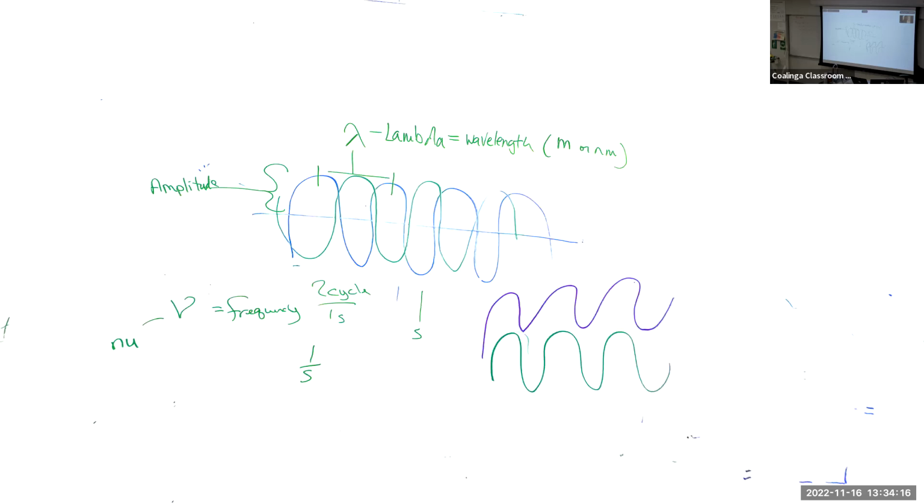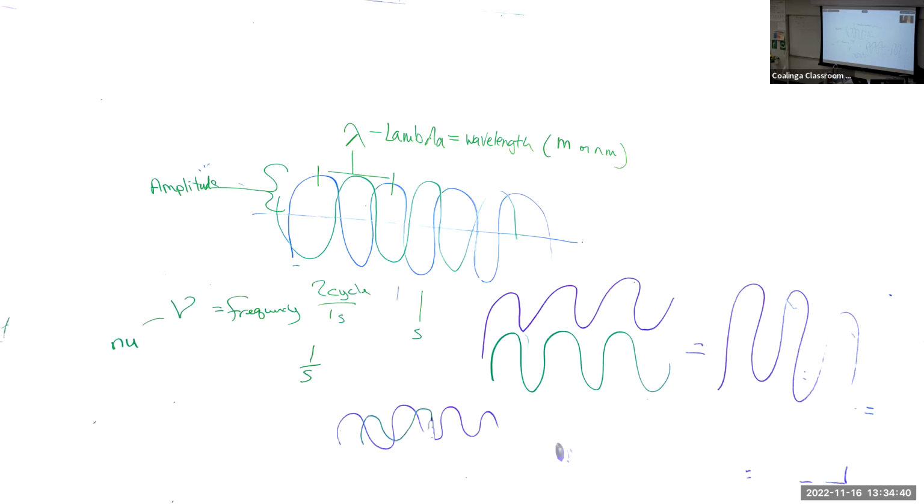This guy is going to be equal to more 10, right? Because peaks are matching up with peaks, troughs are matching up with troughs. So there's no canceling. It's going to be an additive. And so in the case where we have partial overlap, we're going to get some signal, but it's going to partially cancel each other out.